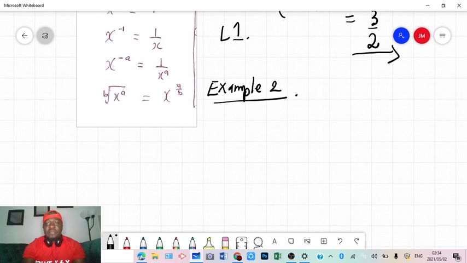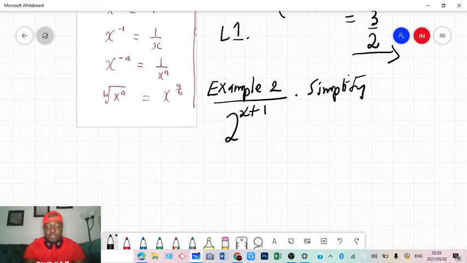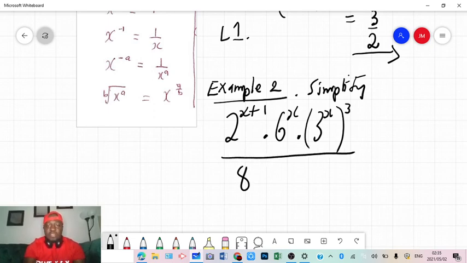Example 2. Here's what we have. Example 2 also, we have to simplify an expression. So it's 2 to the power x plus 1, times 6 to the power x, times 3 to the power x, all to the bracket 3, over 8 to the power x times 12 to the x minus 1.